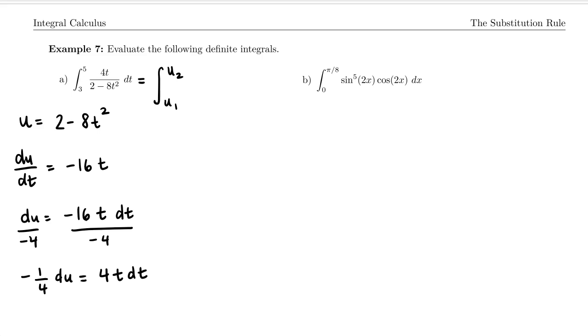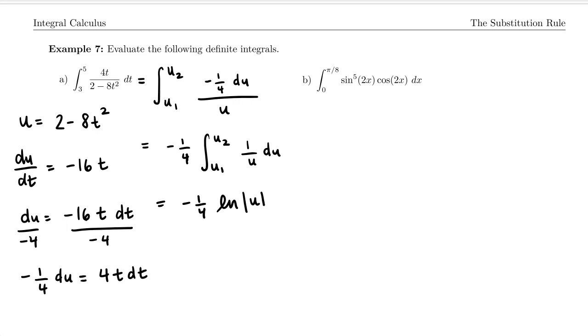So 4t times dt, I'm replacing that with negative 1/4 du, and then in the denominator, I have 2 minus 8t squared, and that's just getting replaced with u. And negative 1/4 as a constant, I can take that outside of my integral. And I have 1 over u du, and the antiderivative of that is going to be the natural log of the absolute value of u, and this is being evaluated from u1 to u2.